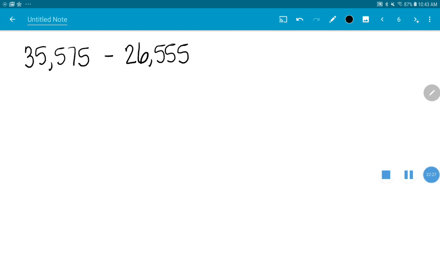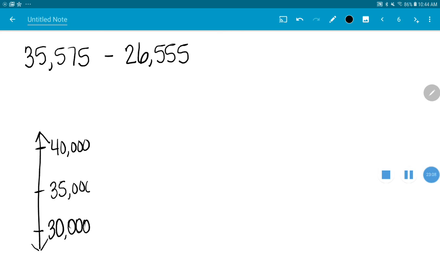If I round 35,575 to the nearest 10,000, how many 10,000s are there in that number? 30,000. 3 10,000s makes 30,000. 10,000 more is 40,000. And the midpoint is 35,000.